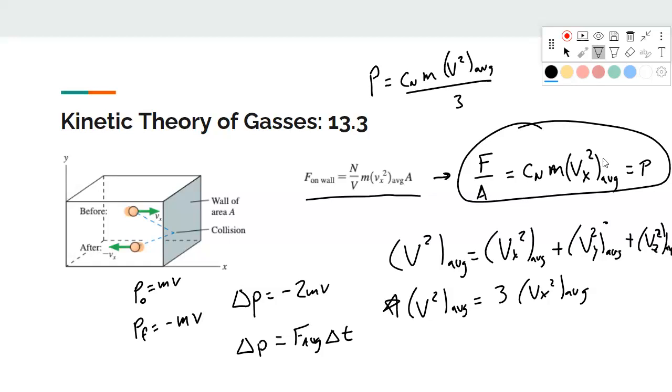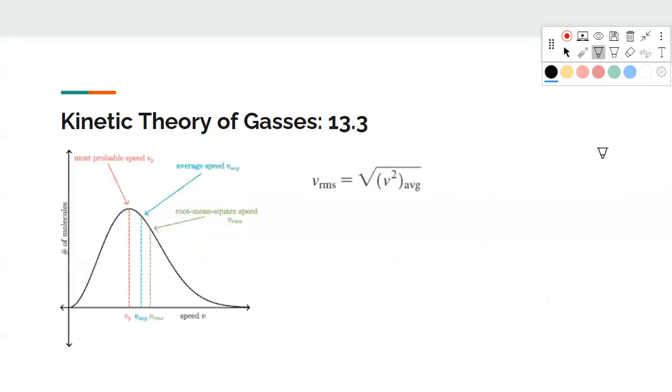And this V squared average has a name. It's called VRMS squared. The RMS stands for root mean square. And the idea, let me make sure I get this right. Actually, sorry, I put this on the next slide.